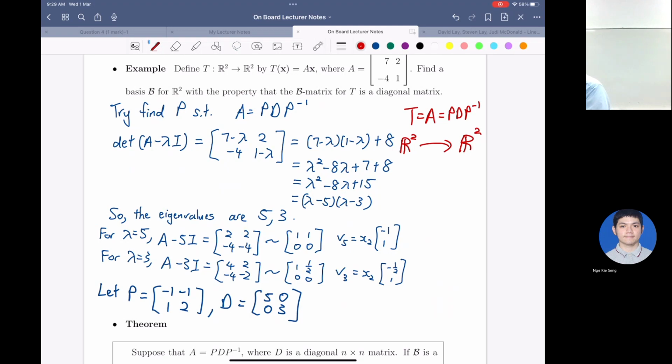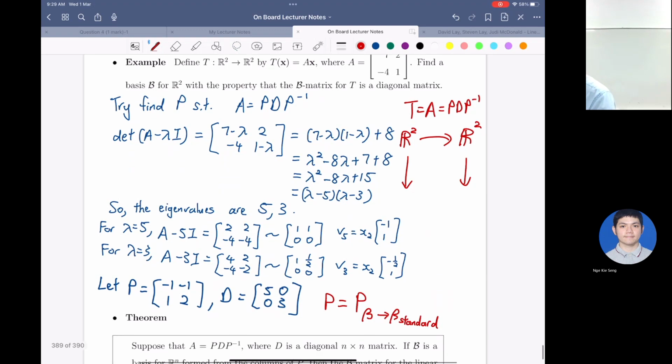This P here, you can understand it as a change of basis matrix. Change from where to where? It is really changing from B to B standard.